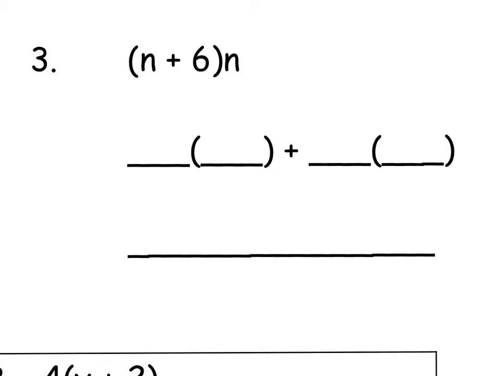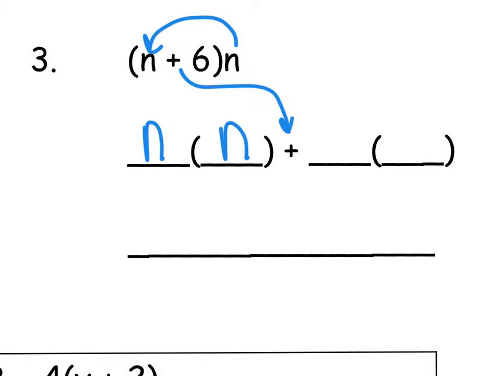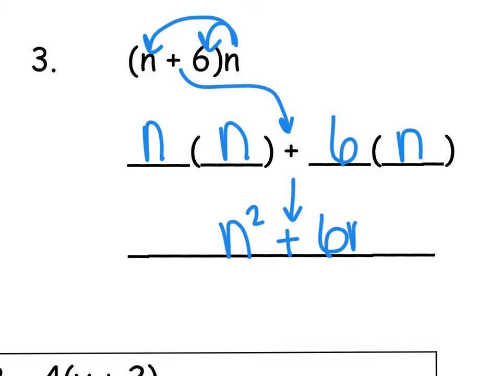So, first things first, n times n, our plus sign comes down, n times 6, okay, plus sign comes down again, n times n gives me n squared. 6 times n simply gives me 6n.